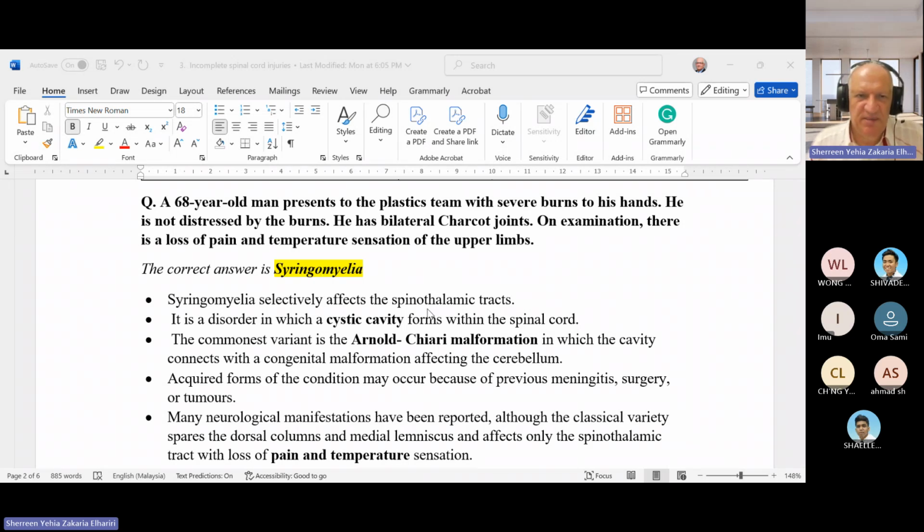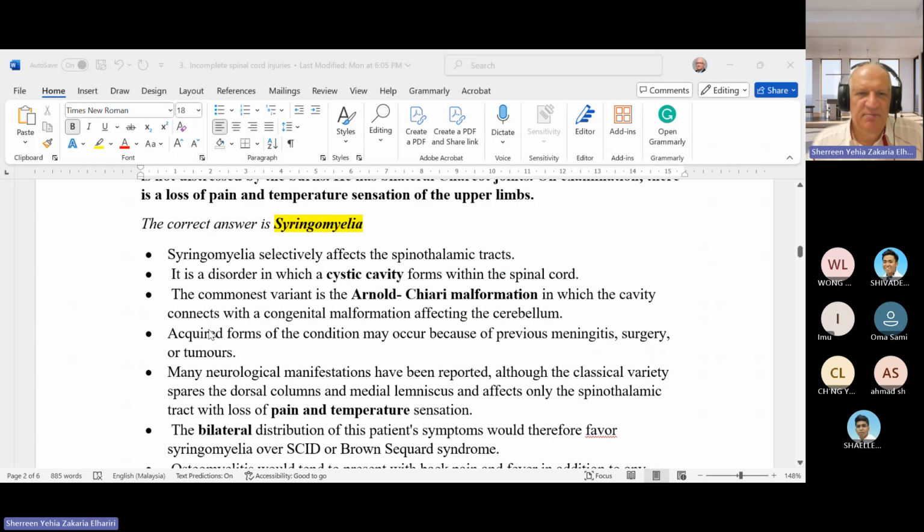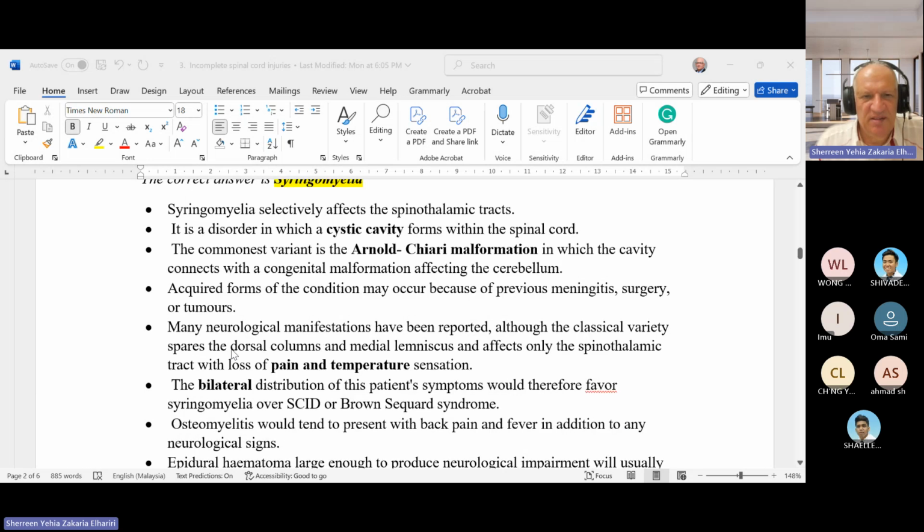So it affects the spinothalamic tract. Syringomyelia in Latin means cystic cavity. It can be a variation of Arnold-Chiari malformation. Arnold-Chiari has hydrocephalus and sometimes meningocele. It can occur in some cases after meningitis, after surgery, or after a tumor.